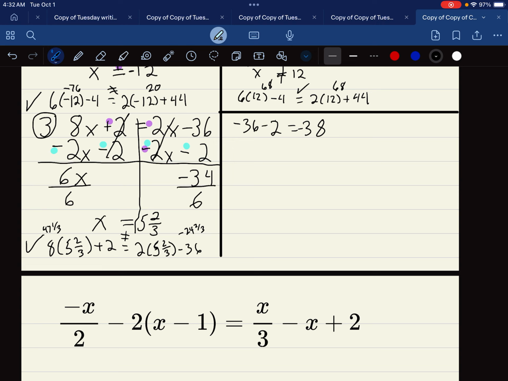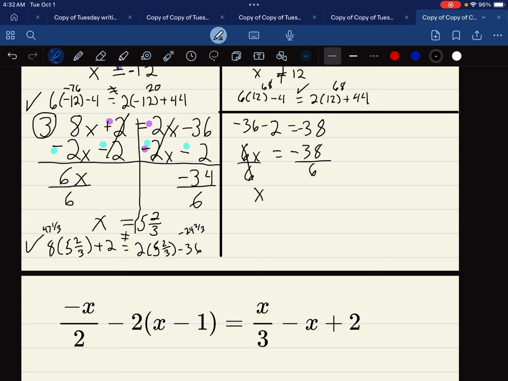So we should have 6x equals negative 38. Then we're ready for our divide. We're going to divide both sides by a positive 6. These cancel out.